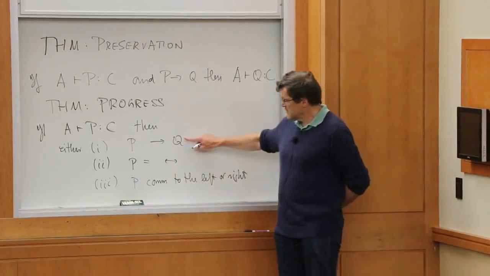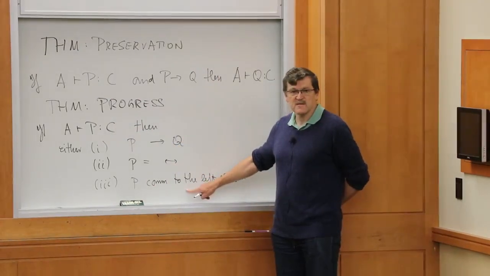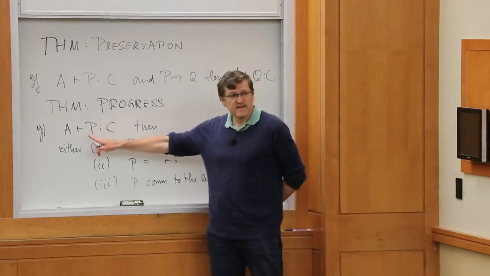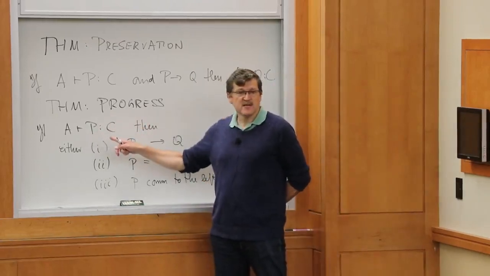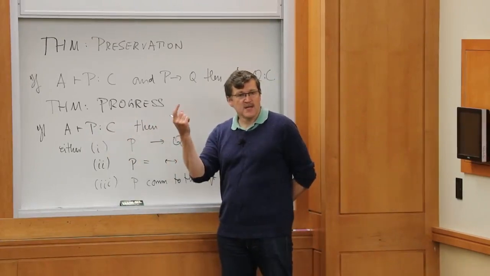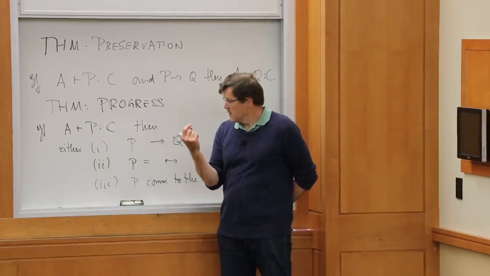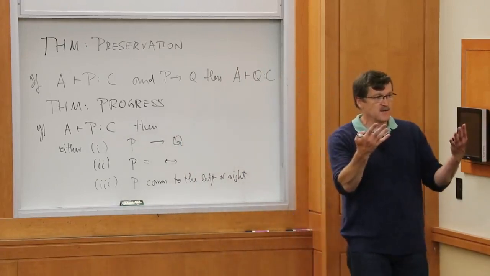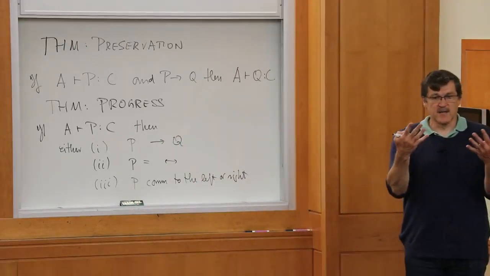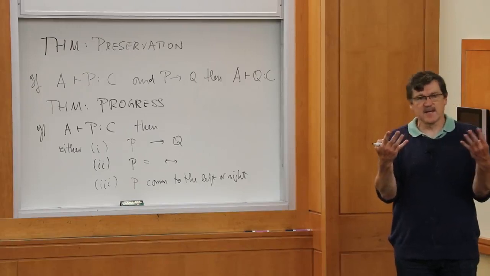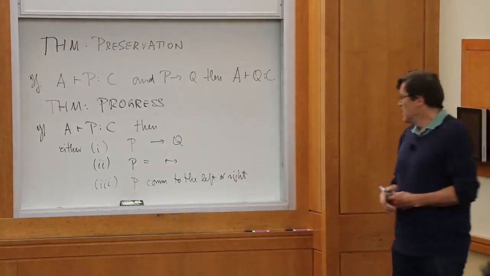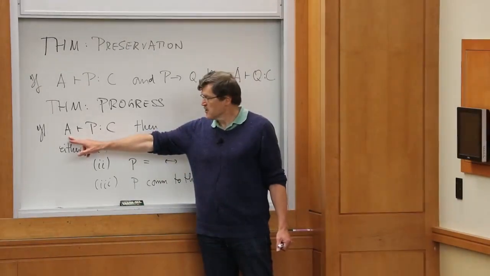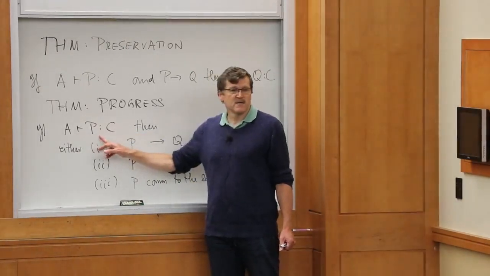Now, these two cases here, the first one and the third one, are not exclusive. So it's possible that you try to communicate on the left, but you can make an internal transition here, like in the middle. When you say in a functional language something's either a value or it can take a step, those are two exclusive things, right? If it's a value, it can't take a step. If you can take a step, it's not a value. But here, it's possible to be able to communicate to the left, but because of concurrency, you might also be able to take an internal step.